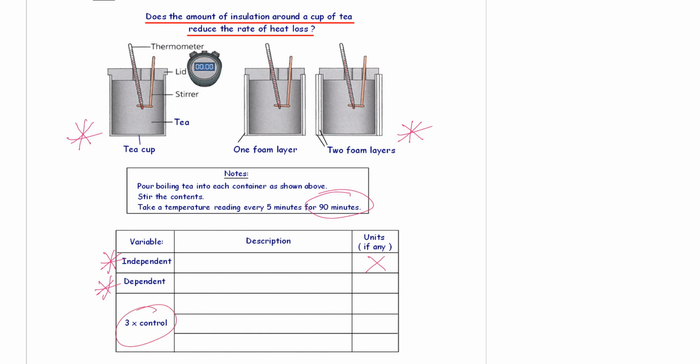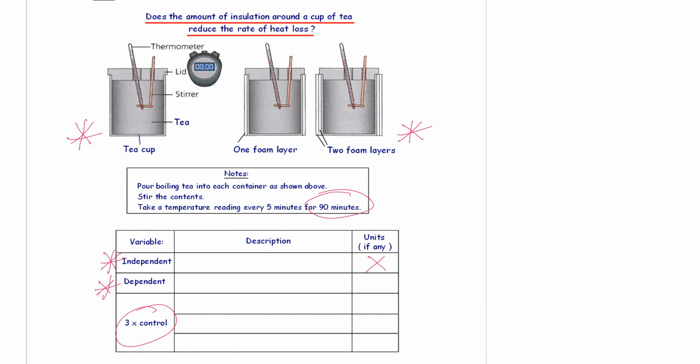And then our 3 control variables. What could we make sure that we keep the same to make sure that we've got a fair test? Well, number 1, the volume of the liquid, the type of liquid, the starting temperature of the liquid, what the teacup is made out of, the rate of stirring, and what the lid is made of as well.